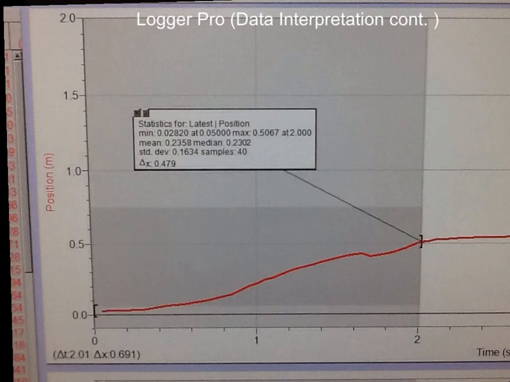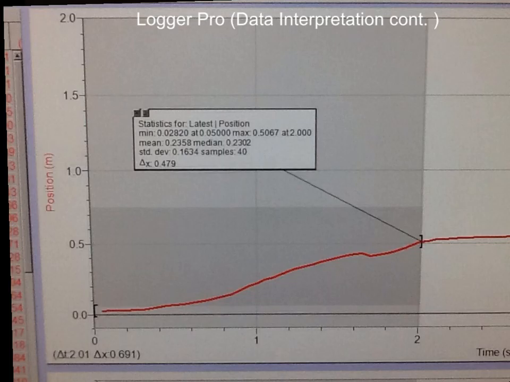So all this does is it tells me from 0 out to 2 seconds, it'll tell me what my average position was, that's what the mean would be, as well as what my middle position was, which would be the median. So you would use these two pieces of information most of the time to get just a straight reading off of the graph should you ever need it.